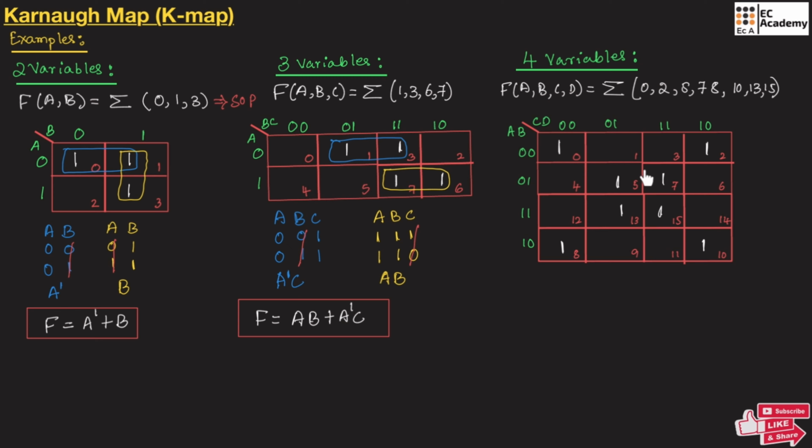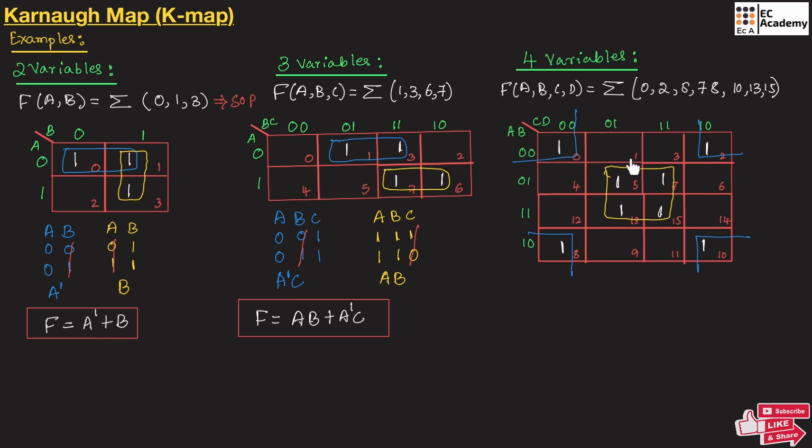So we can group these 4, and since these ones are at the corner, we can group these 4 ones in the corner as one single group. Let us first group the middle ones as 4 in one group, then group the corner ones as 4 in one group.